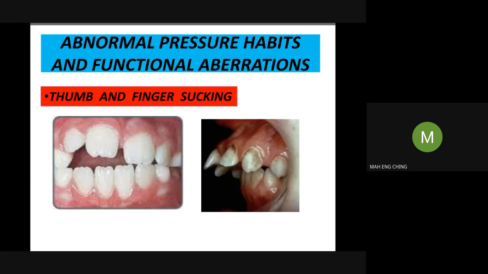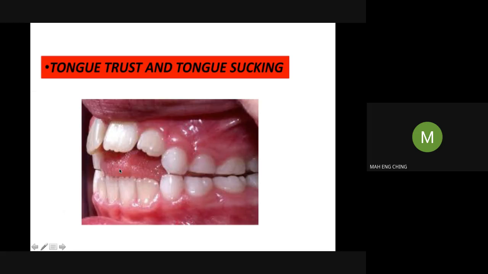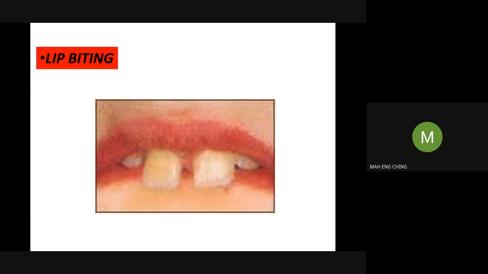Thumb sucking usually affects the upper incisors, and also the lower incisors, causing what we call an open bite on one side, both sides, or centrally. Tongue thrust can cause crowding, especially an anterior open bite, and proclination of the upper and lower incisors. Lip biting, with the lip trapped behind the upper incisors, causes proclination of the upper incisors.